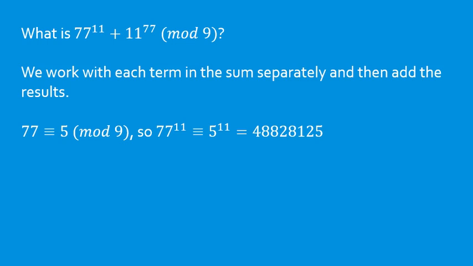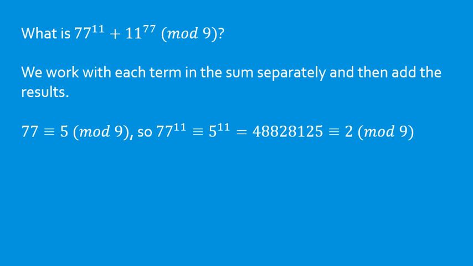Divide this number by 9, you'll get a whole number and some decimal points after. Take that whole number portion, multiply it by 9, you get some product, subtract that product from this number right here, and when you do that, what you have left over is 2. So 77 to the 11th is congruent in the end to 2 mod 9.